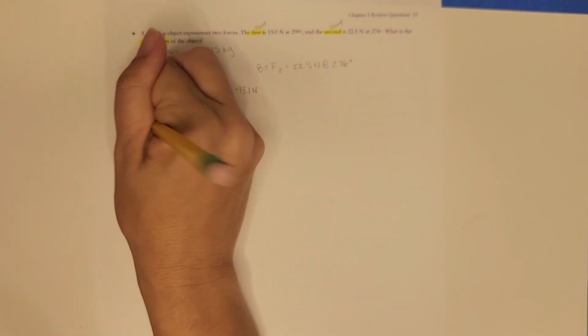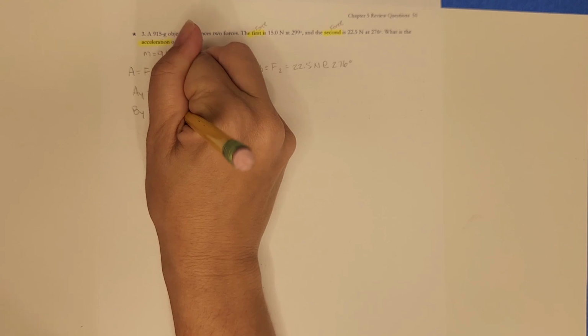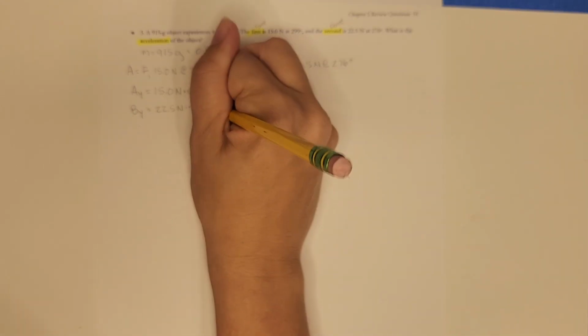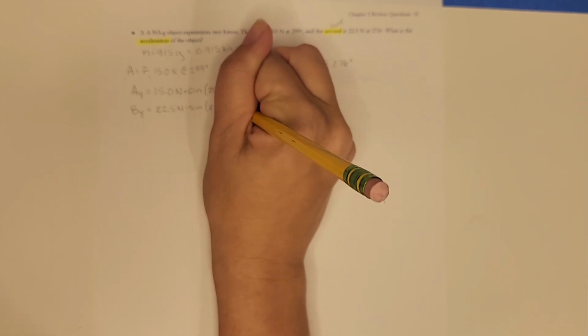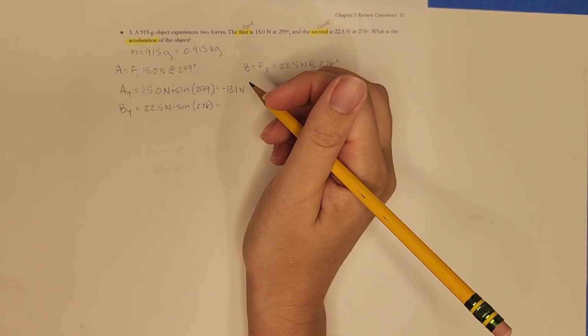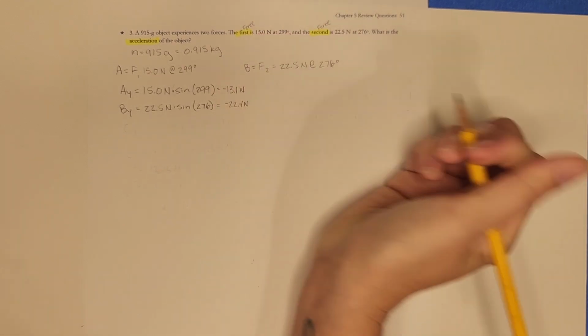For my BY, taking 22.5 newtons times the sine of 276, and with that we get negative 22.4 newtons.